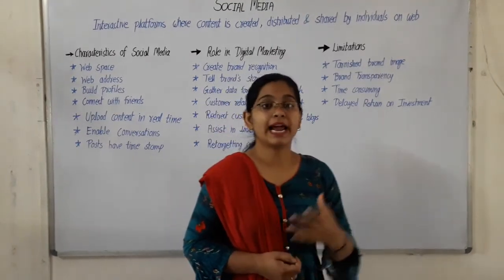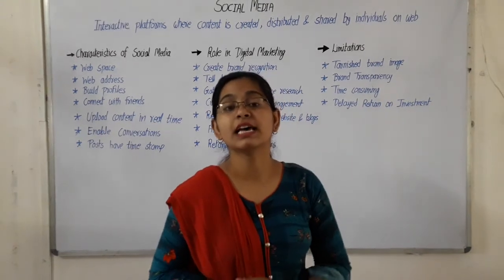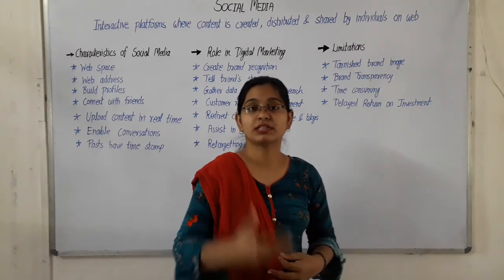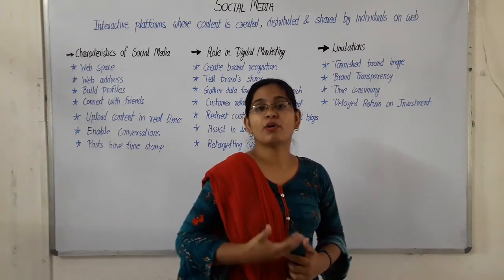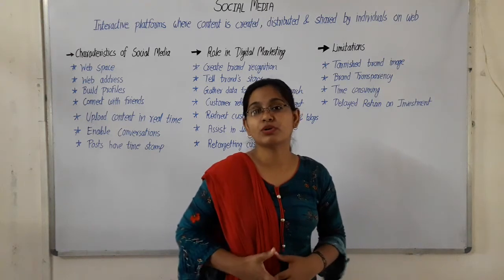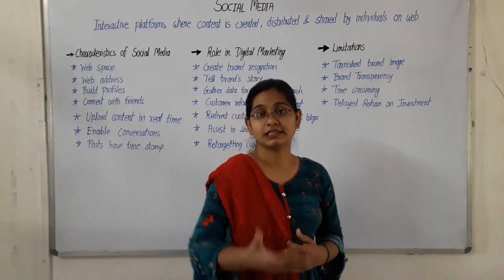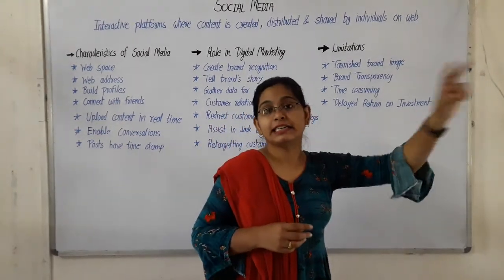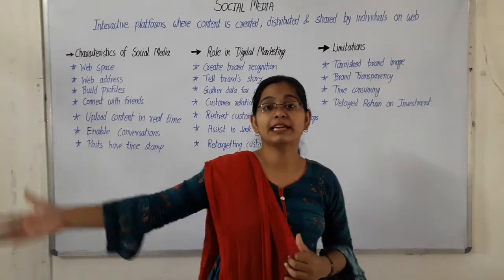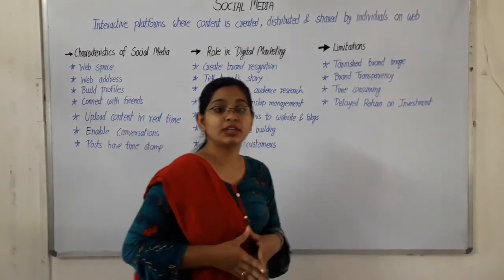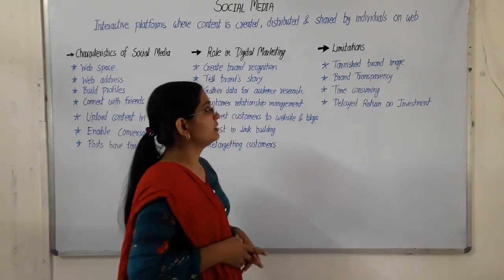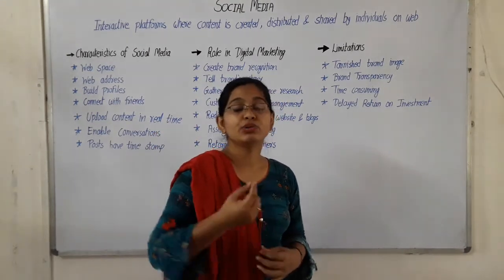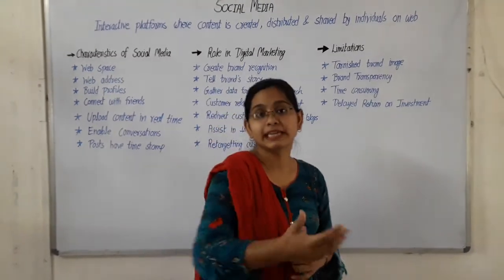If there is a brand which has millions of followers and suddenly, by mistake, that brand posts something irrelevant or questionable on its social media account, then that will create a negative impact in the minds of millions of followers. So there is a possibility of tarnishing the brand image when the brand uses social media platforms a little bit carelessly.